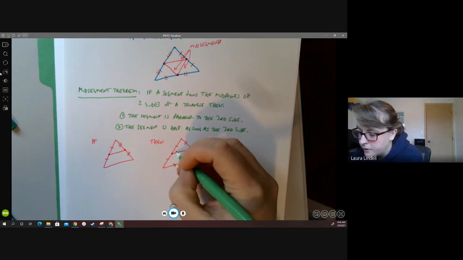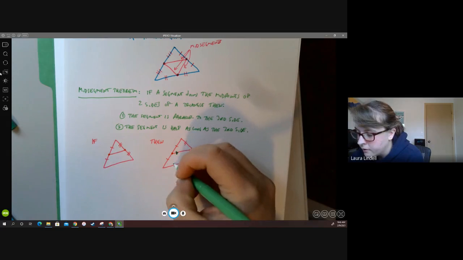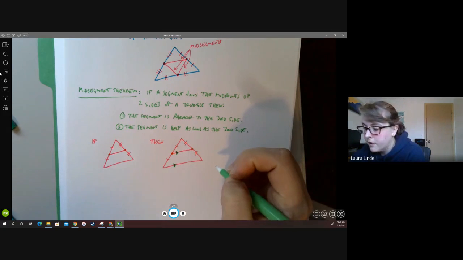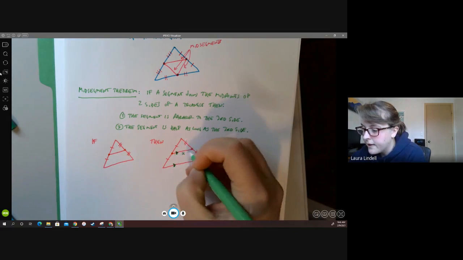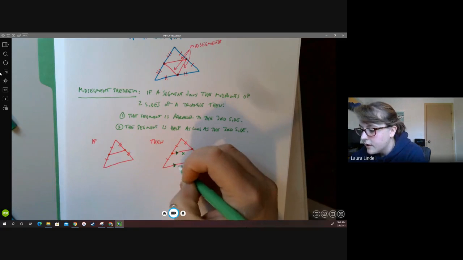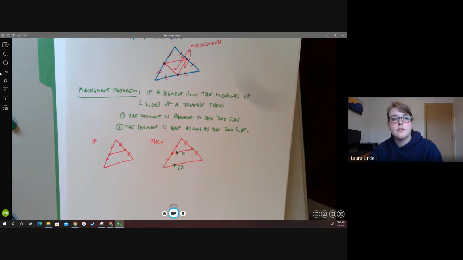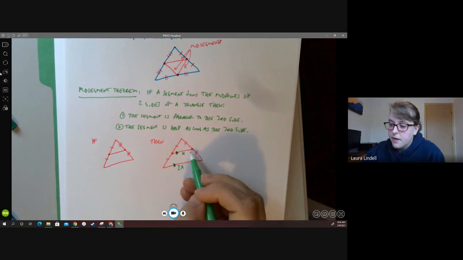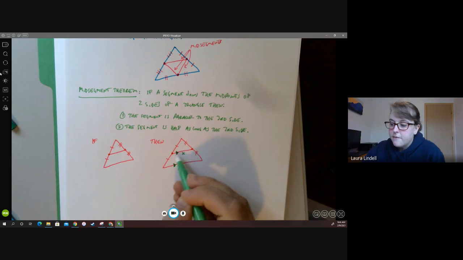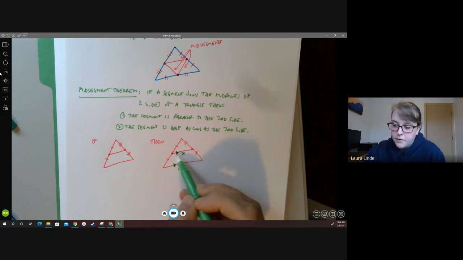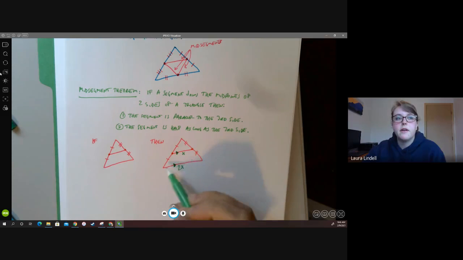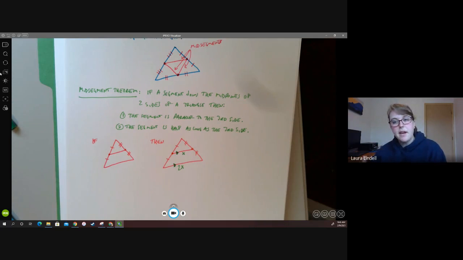And remember, when we denote things as being parallel, we have an arrow in the side. So they're parallel, and then if this is some length x, then this is twice as long, it's 2x. If this is 5 units long, then this is 10 units long. If this is 1,000 units long, this is 2,000 units long. So that's the main idea behind our mid-segment theorem.